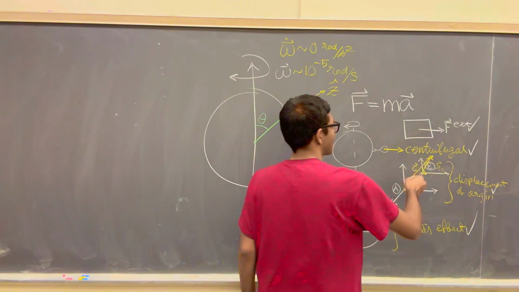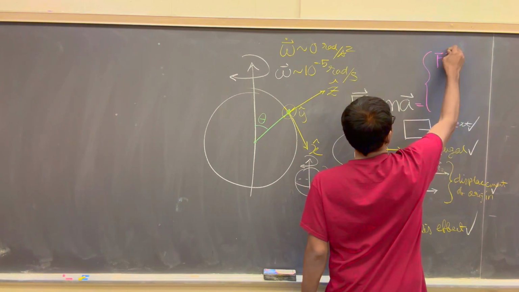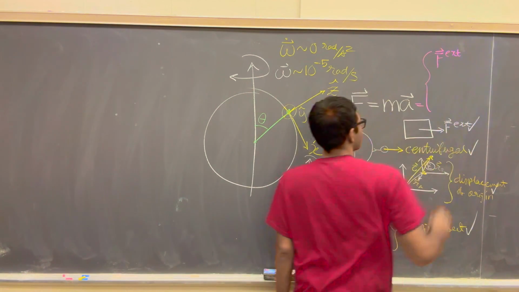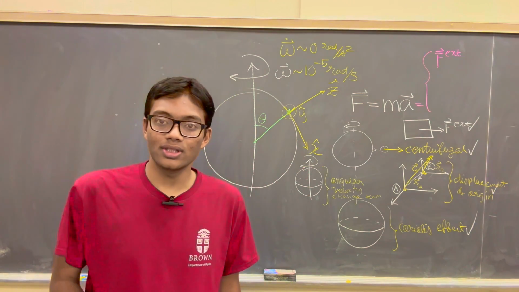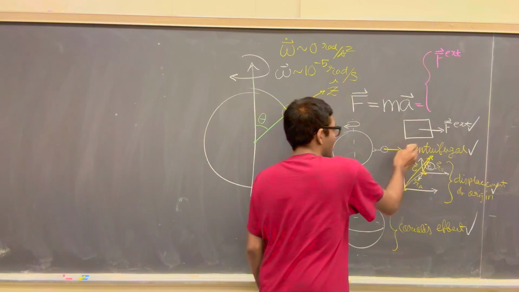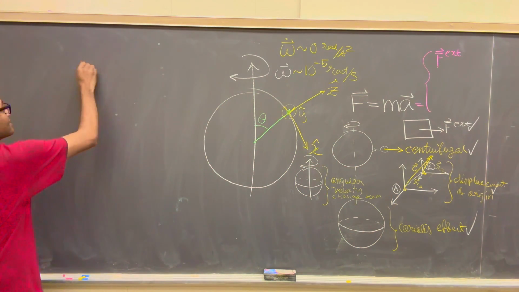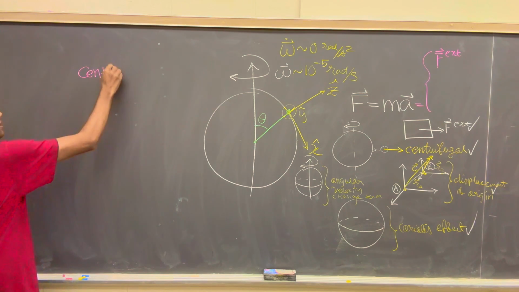First, the external force. That's very simple. That's simply F external. That is the first contribution to Newton's second law in rotating reference frames. The second contribution comes from the centrifugal force.